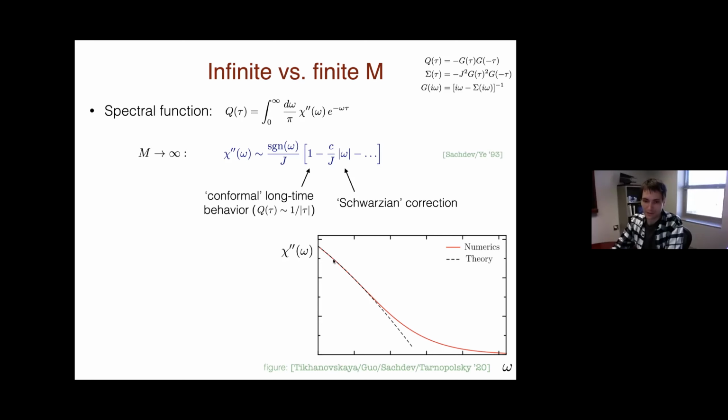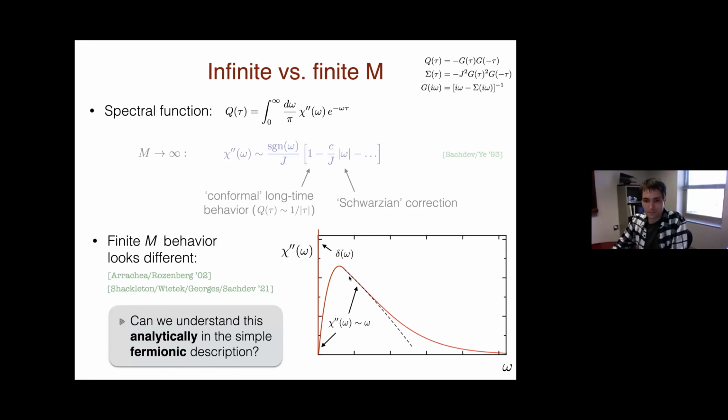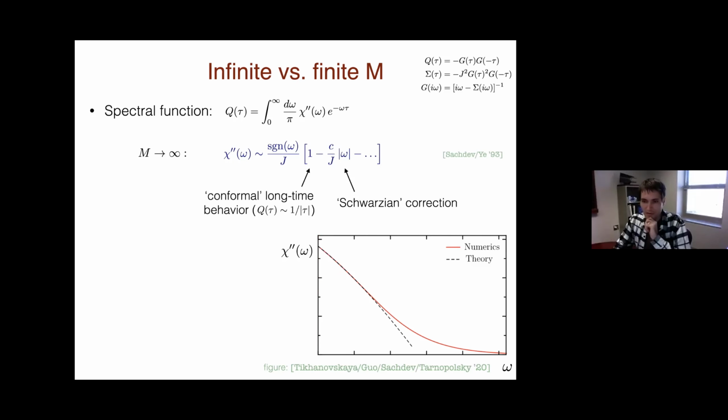So the SYK spin liquid has this spectrum with gapless excitations, and the spectral function approaches a finite value at zero frequency. Whereas in the spin glass, corresponding to this finite M model, you have this behavior, which is quite different, and this delta function in particular corresponds to the Edwards-Anderson order. So that's one way to distinguish them, by computing this spectrum, which is just the same as computing the two-point function.